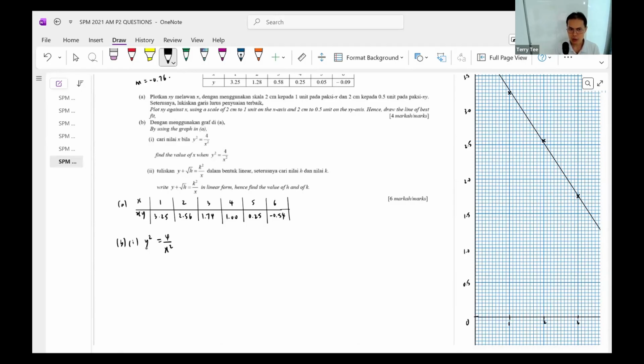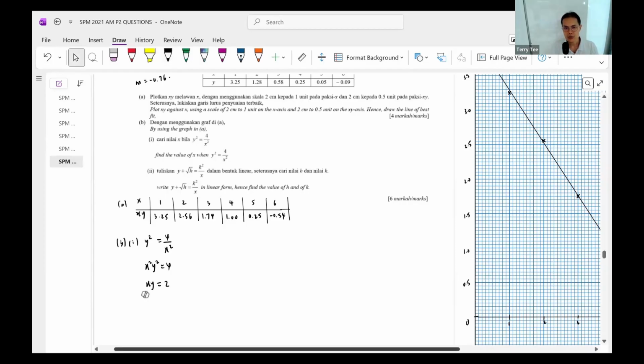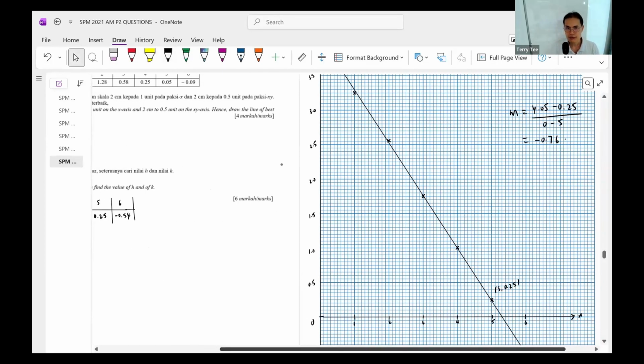You can bring your x square up and then I square root both sides. Why? I square root both sides because I need to find xy. Your y-axis is xy. Your xy is now 2. So from the graph 2 is here. You move it across and you move it down.